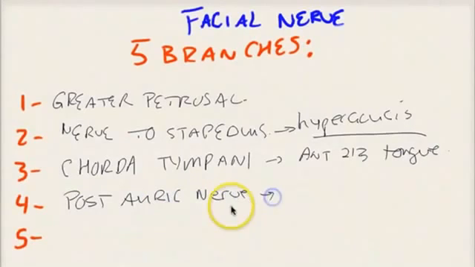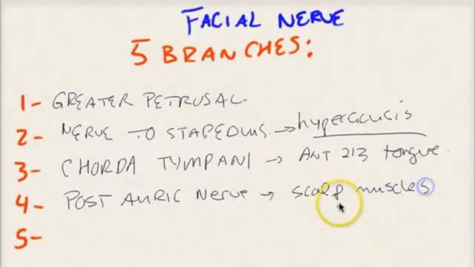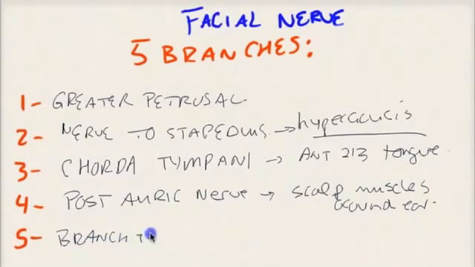Posterior auricular nerve controls movement of some scalp muscles around the ear. And then we have a branch to the posterior digastric and stylohyoid.